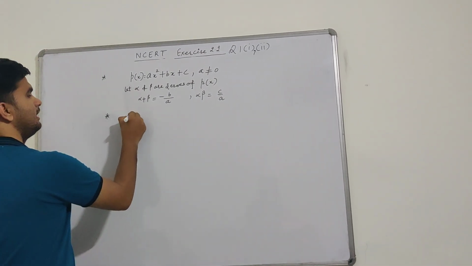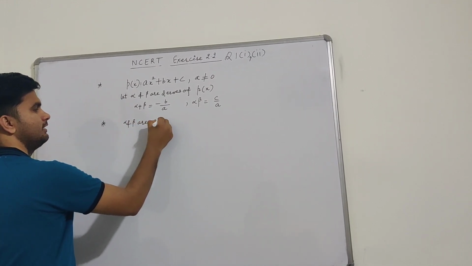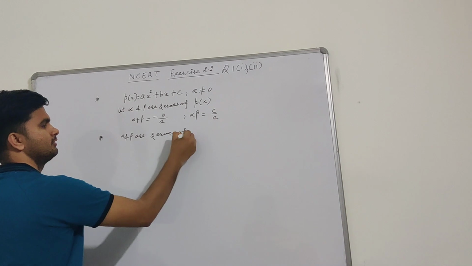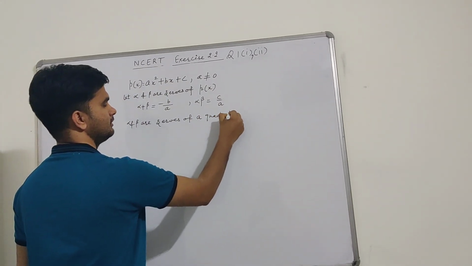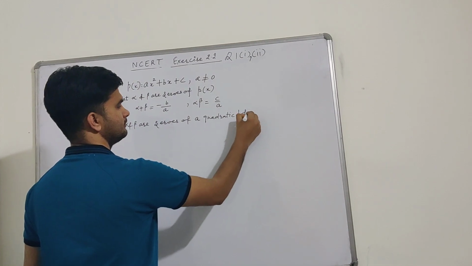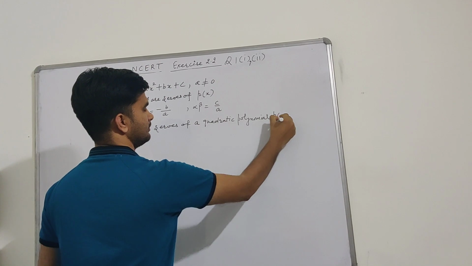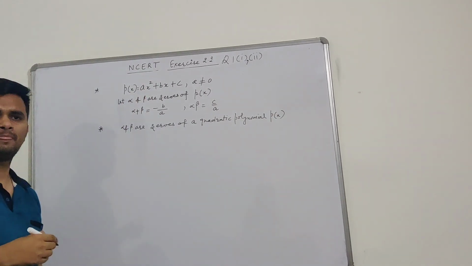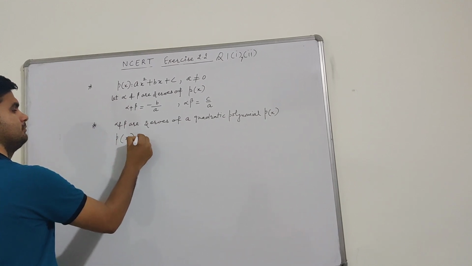Suppose alpha and beta are zeros of a quadratic polynomial px, then how can we find this polynomial?